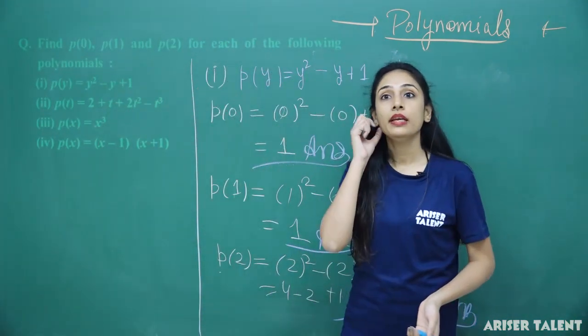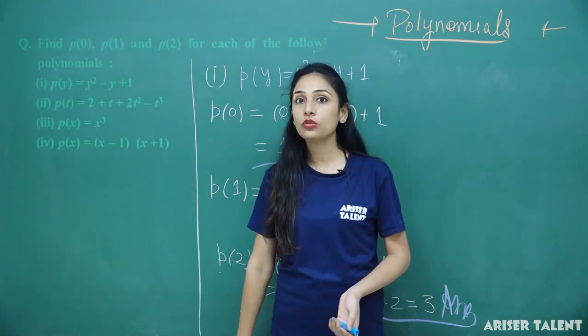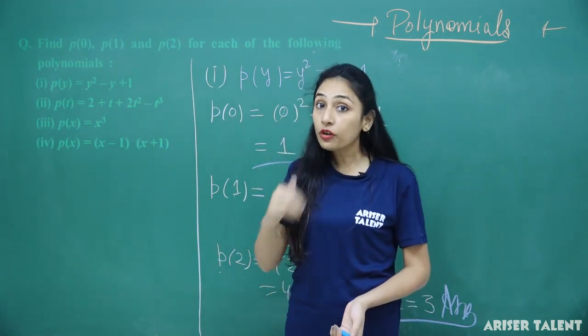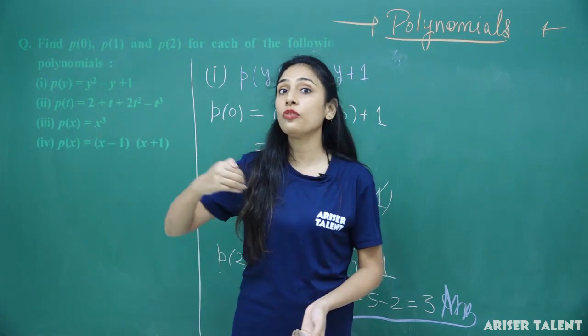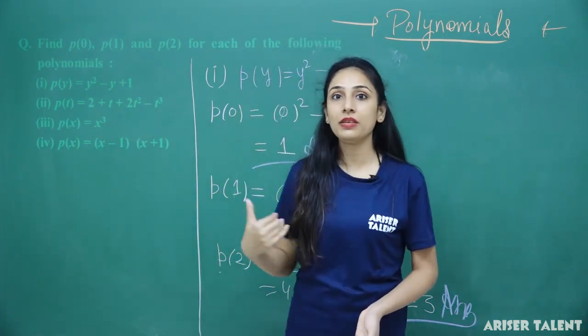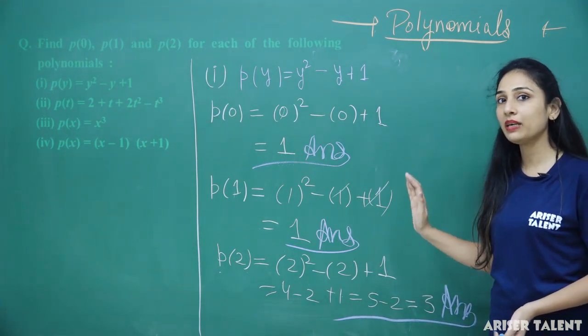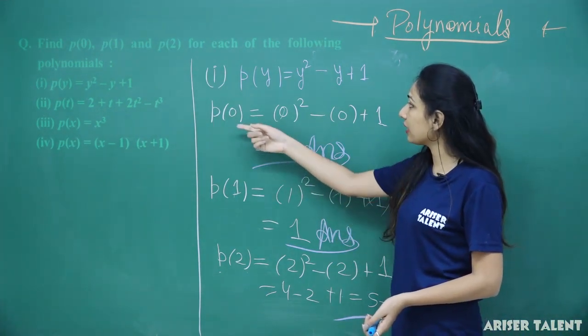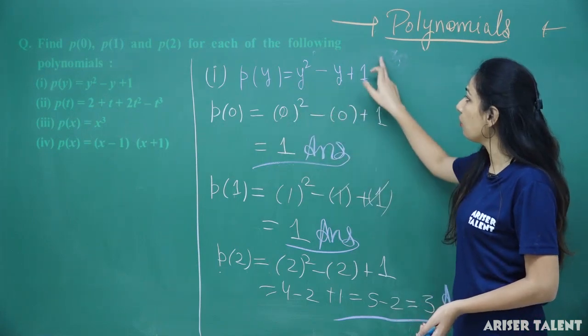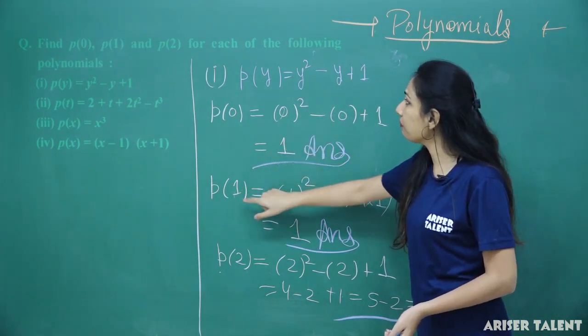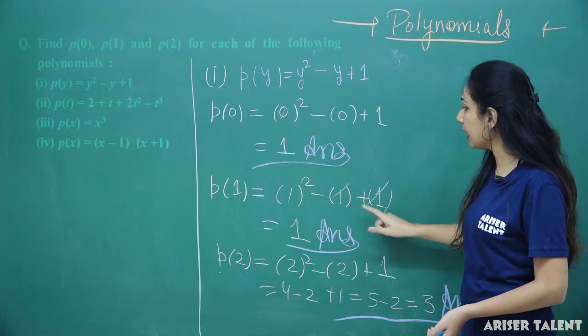That means if you have two different values of x, your P(x) may be the same. It's not always true, but it may be the situation. In this case, you are getting P(0), that is 1, and you are getting P(1), that is here again 1.